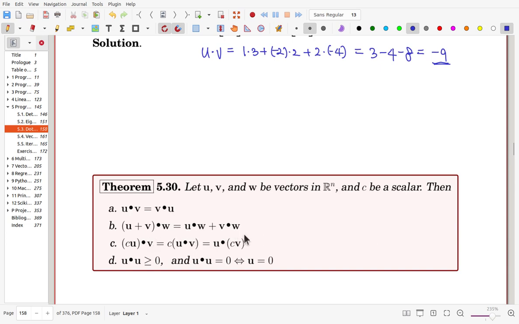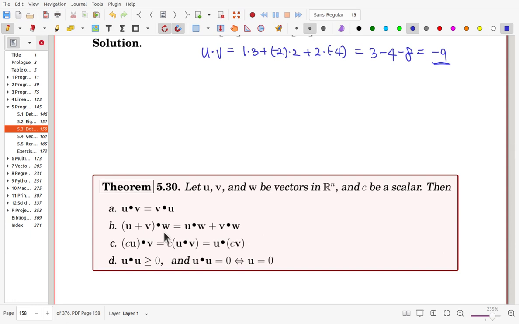For these two terms, when w is common, you can take the dot product after adding u and v first. This rule can be used when you see this one. Then rather than making two dot products, you may combine them and compute just one dot product.